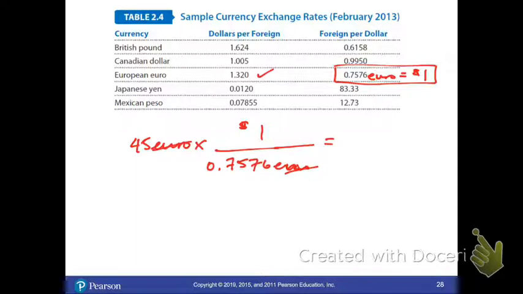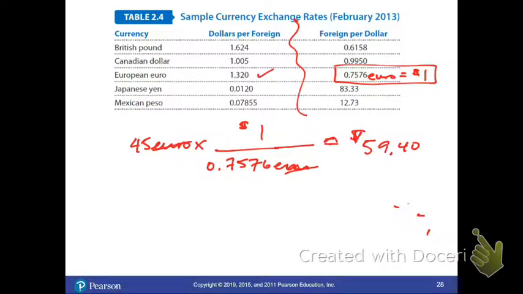Now when I divide this out, you still get the $59.40 that we've gotten before. So my advice is, again, choose one of the columns and stick with it, because you'll be given the full chart. So you'll have to decipher on your own which one to use.